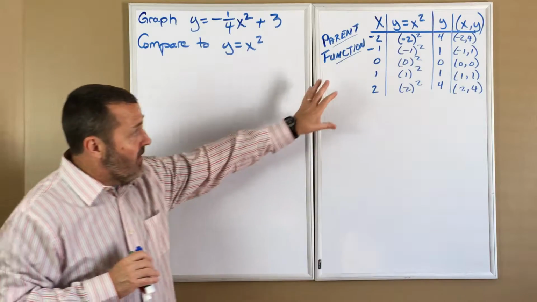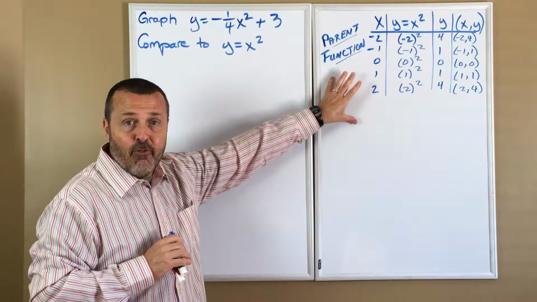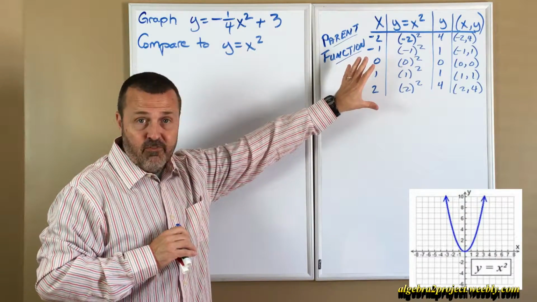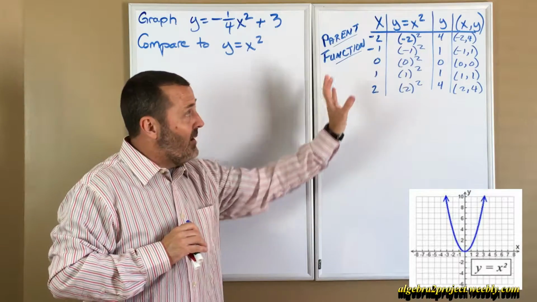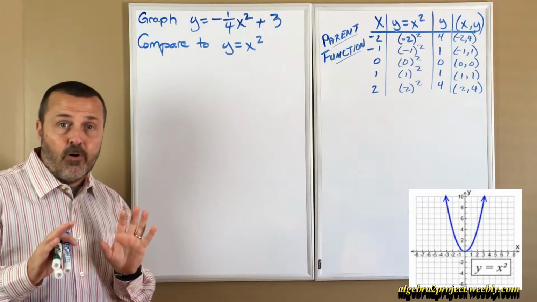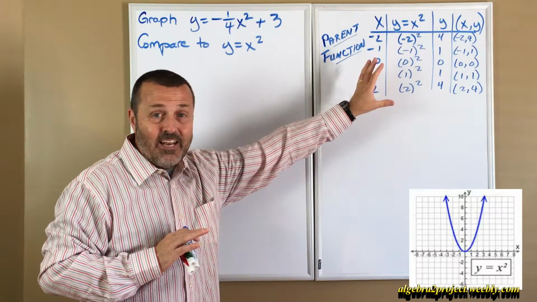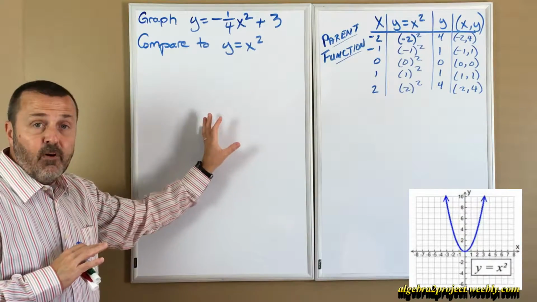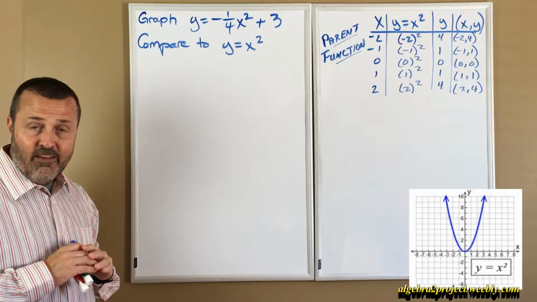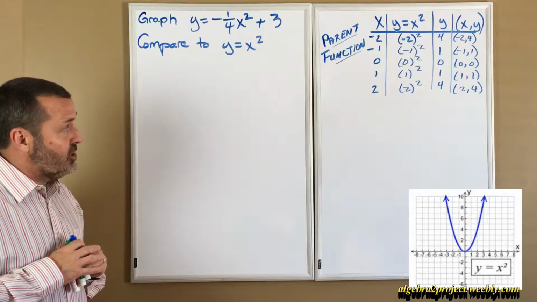For this example, I've already gotten my table for the parent function graphed on the table. All my data is in there. Feel free to pause it and get that copied down. Now we'll use that data in just a few minutes to come over here and graph that function, which will be the parent function.